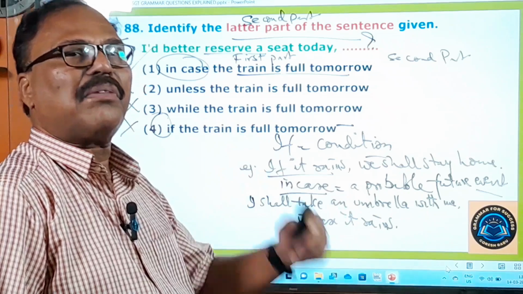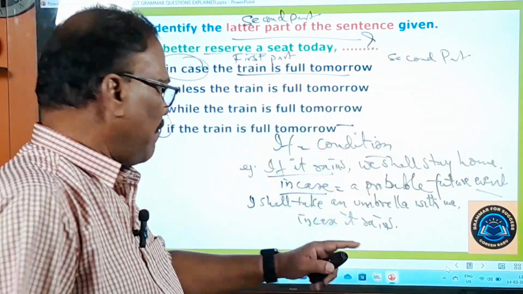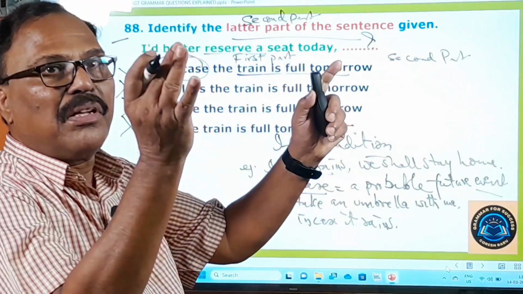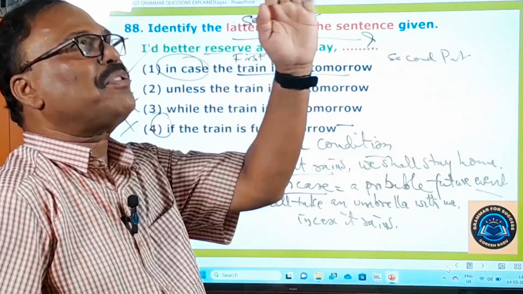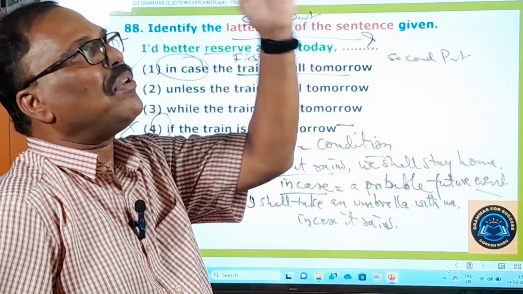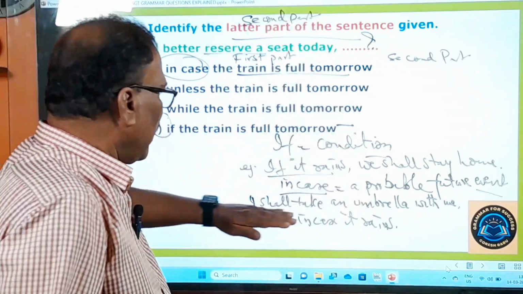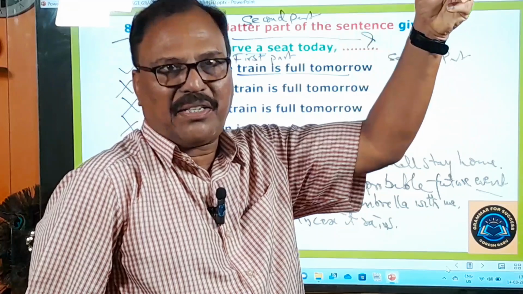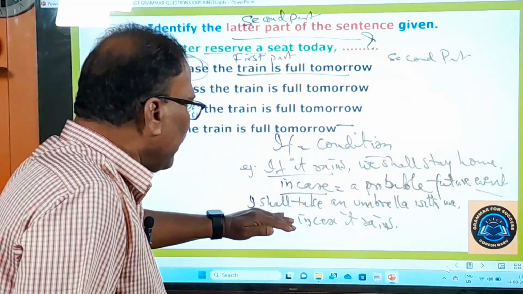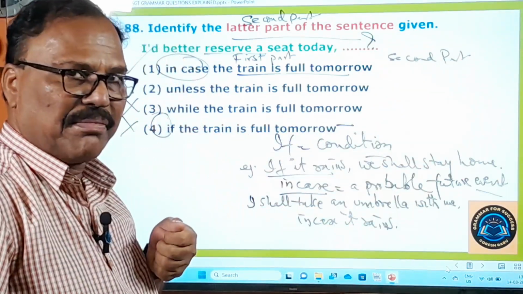It's a probable or possible future event. It's likely to rain. So in case it rains, it's a probable future event. It's a possible future event. So this in case indicates only that possible future event. So that's why I'm carrying an umbrella with me.